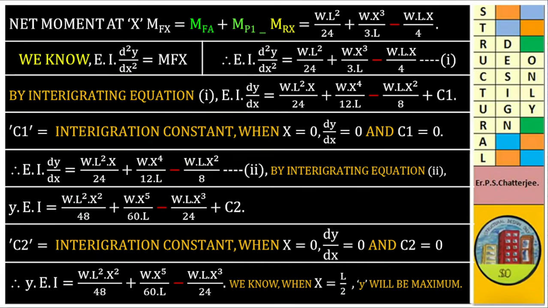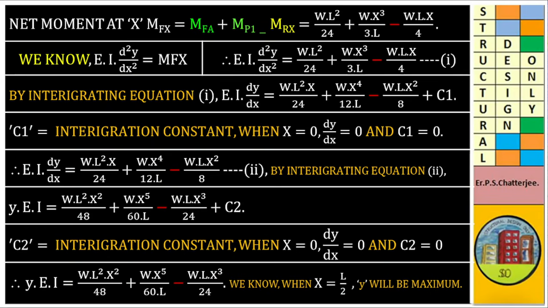Once again, by integrating equation 2, we have EI y is equal to WL square x square by 48 plus W x to the power 5 divided by 60L minus W into L into x cube divided by 24 plus C2. C2, once again, is an integration constant.